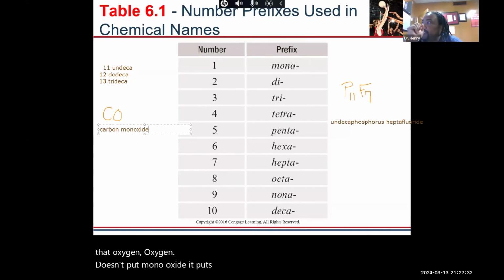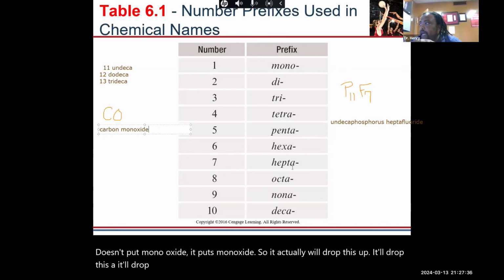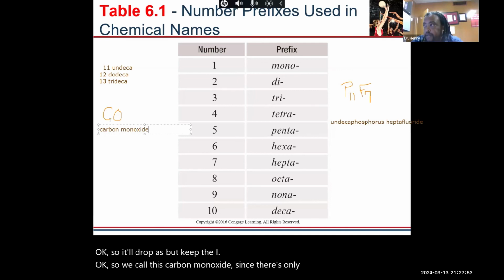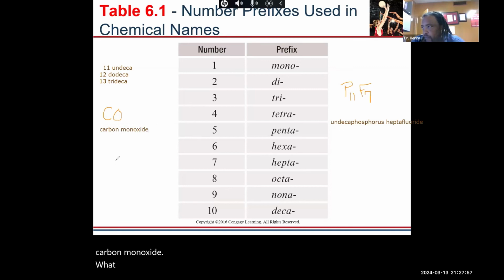So it will drop the O. It'll drop any of the A's, and it'll drop O's, but it'll keep the I. So it'll drop A's, but keep the I. So we call this carbon monoxide. Since there's only one carbon, we just keep it as carbon monoxide. What about this?